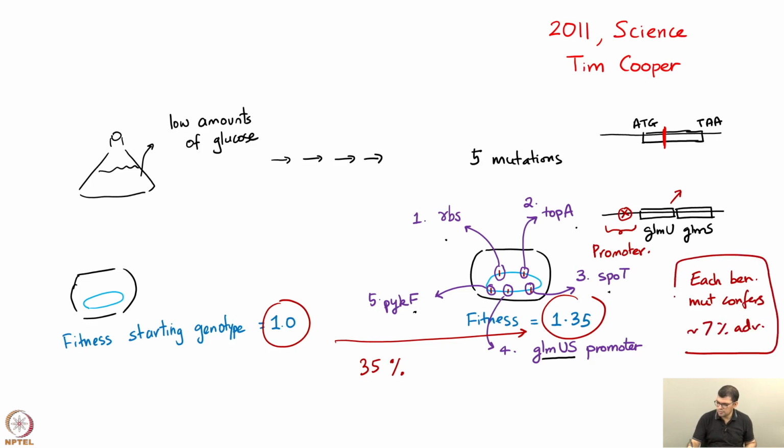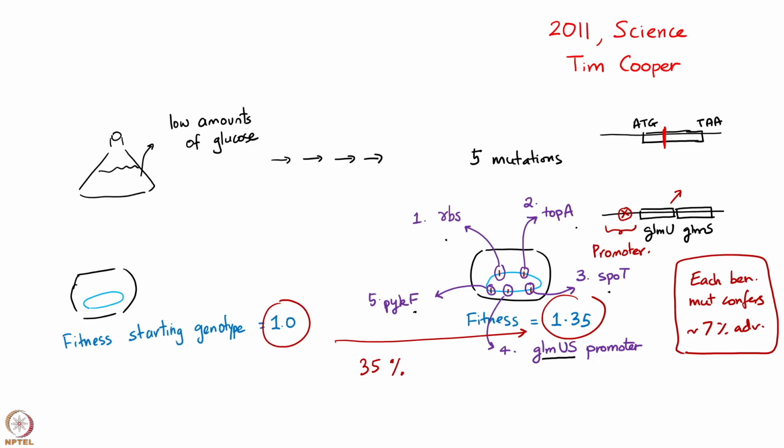This is also the first time we are seeing a typical benefit associated with a beneficial mutation. So far all we have been saying is that a beneficial mutation occurs and fitness increases, but without any experimental data as to the quantum of benefit in a real evolutionary experiment. This is the first time we are seeing that data, that 5 to 7% is a typical number associated with a strong beneficial mutation.